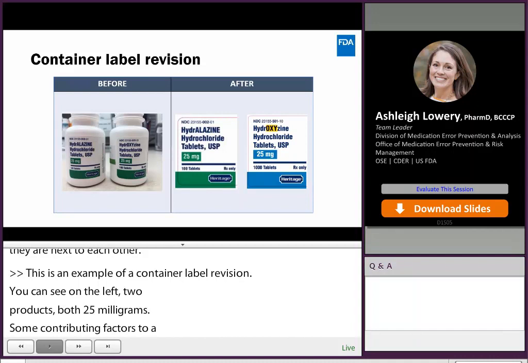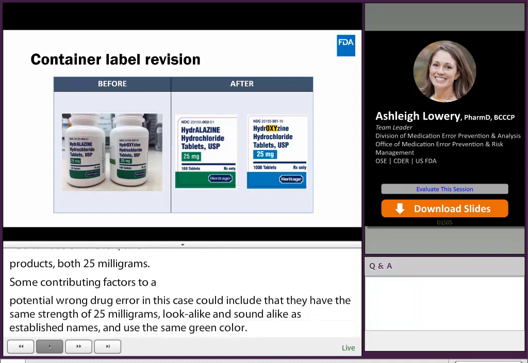So on the right are revised labels for hydroxyzine, where you can see that the tall man letters in the middle of the established name were highlighted for further emphasis, and the color was also revised from green to blue to better differentiate from the 25 milligram hydralazine product.